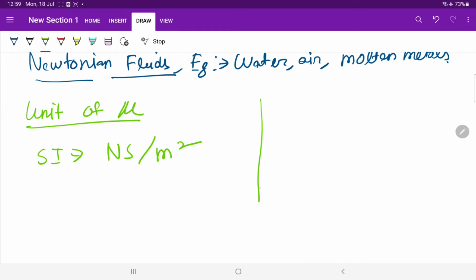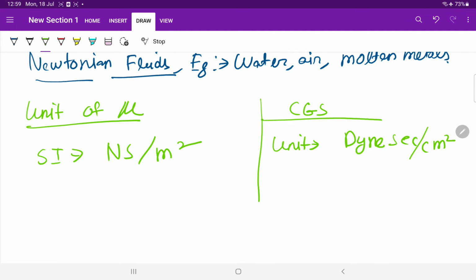In the CGS system, centimeter gram second, the unit will be dyne second per centimeter square, which can also be written as poise. So the CGS unit is poise and the SI unit is Newton second per meter square.